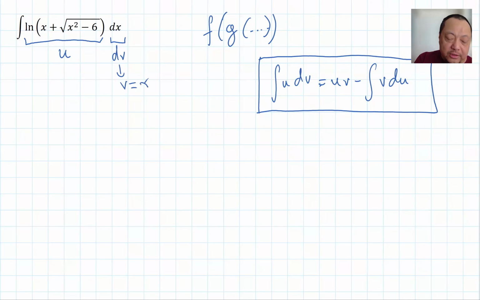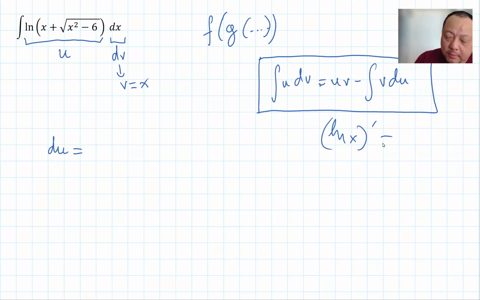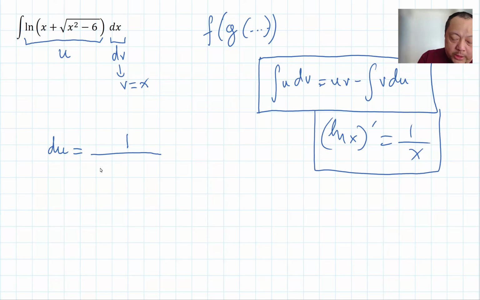Well, v is just x. Now du. du is the derivative of u, the derivative of ln. It's 1 over x plus square root of x squared minus 6.